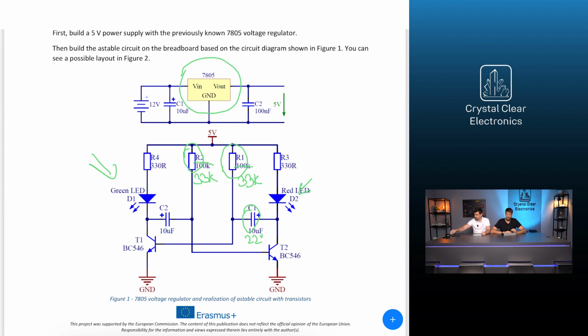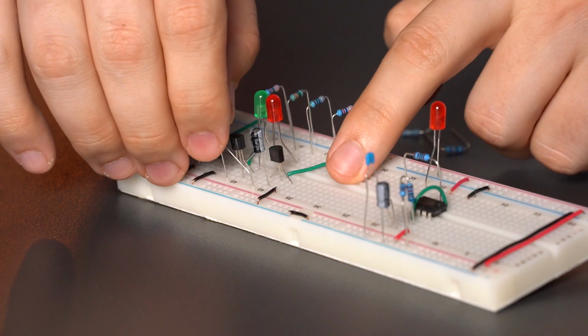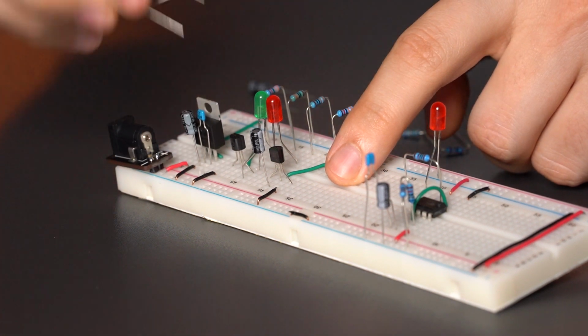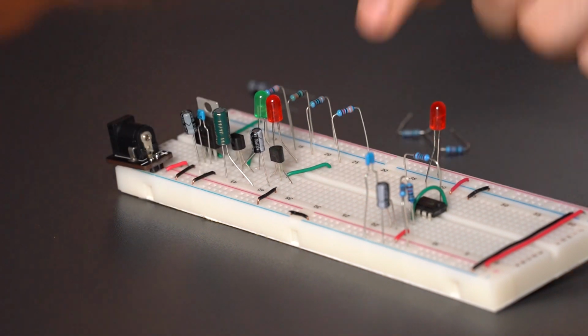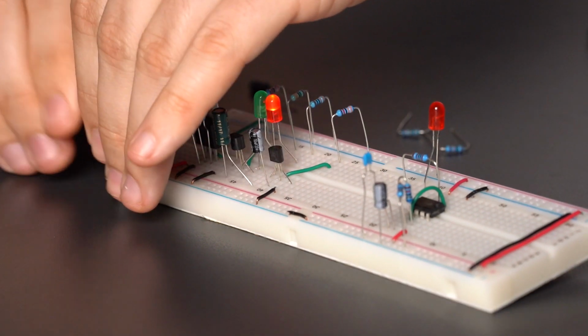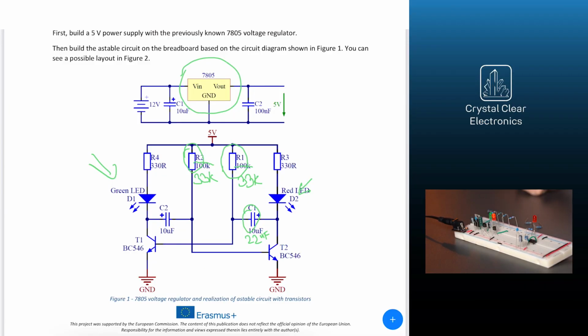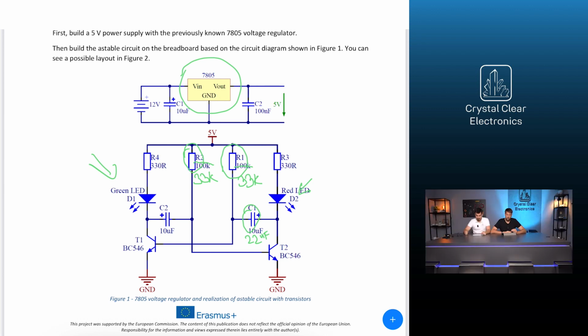Replace C1 with a 22 microfarad capacitor. Blinking is asymmetric again. Now the D2 LED lights up for a longer time.